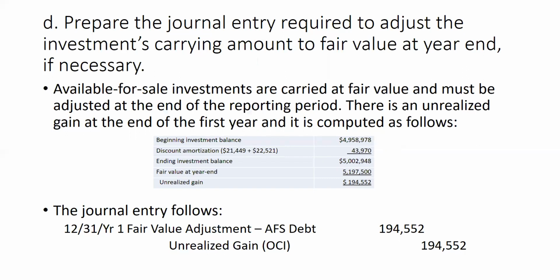And we debit a fair value adjustment account that goes along with our available for sale debt investments in the amount of $194,552. We add the investment account balance and the fair value adjustment account balance together. We're now going to show the investment at its fair value.